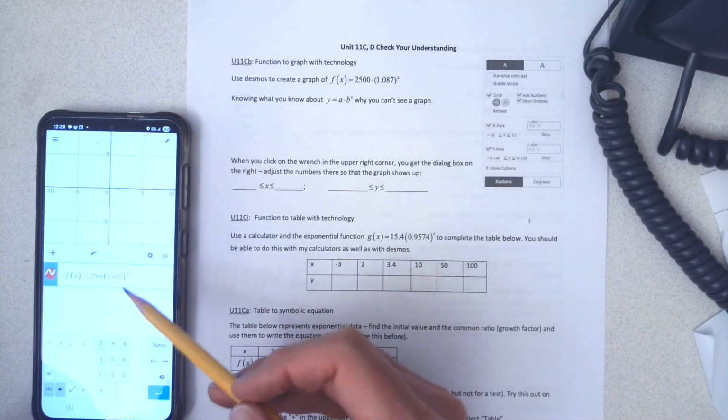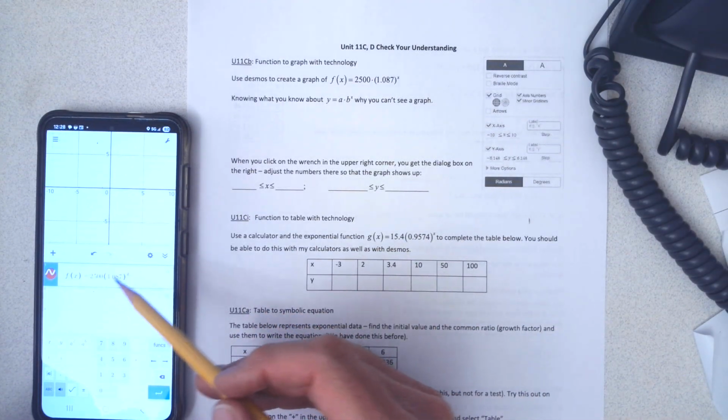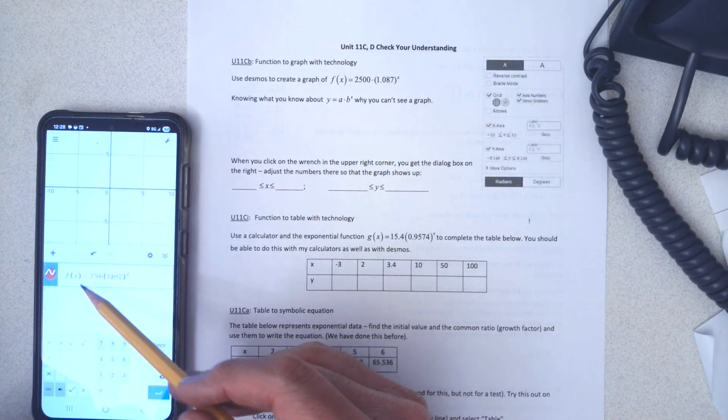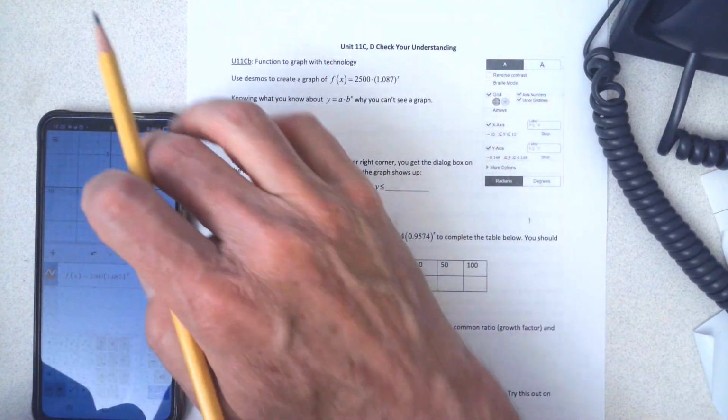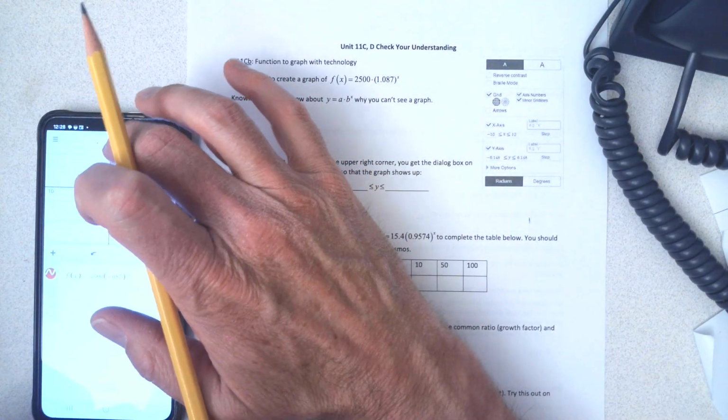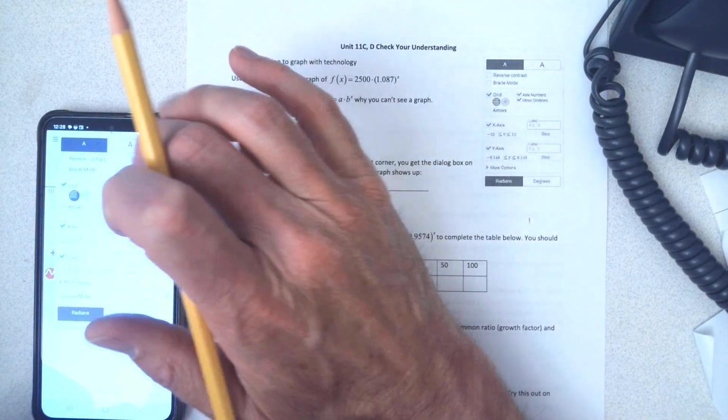What I know about this is the 1.087 tells me this is growth because that's bigger than 1. But more importantly for seeing this, the 2500 is the y-intercept, and my graph only goes up to 5, 6, 7, 8 or so.